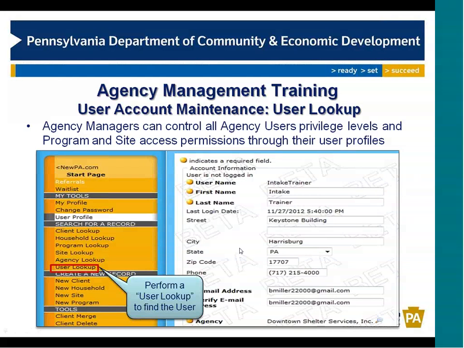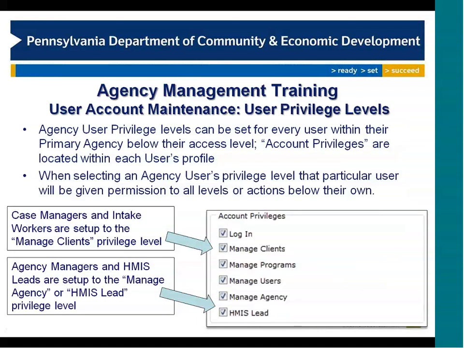It also always shows whether the user is currently logged in or not, as well as the last login date. So you can track who's been logging in and who has not. That's how you get to user profiles.